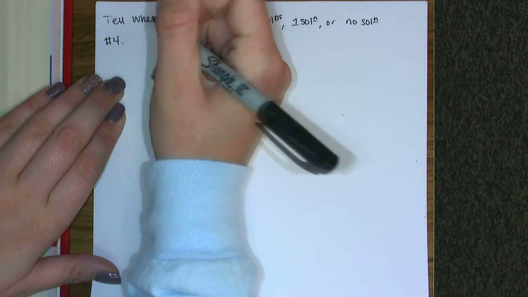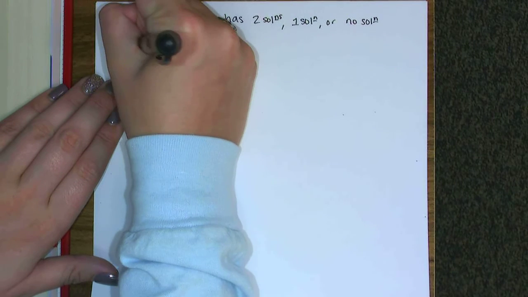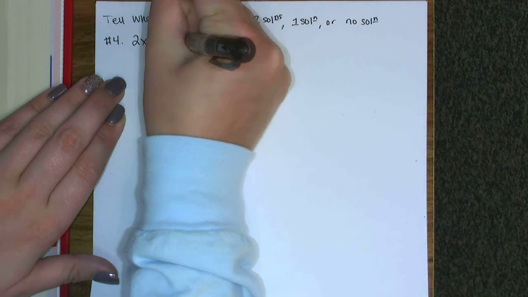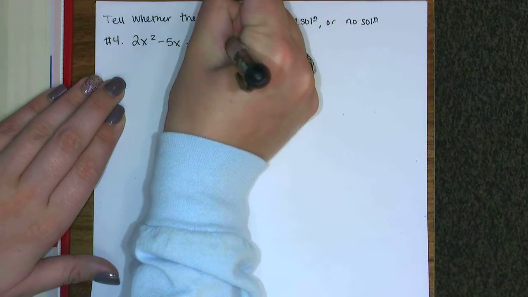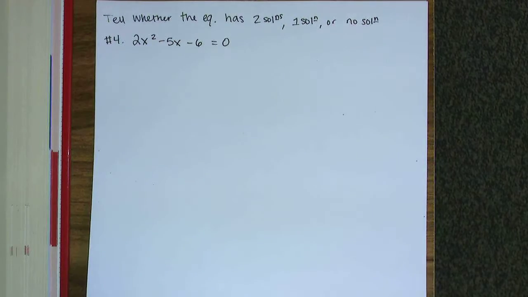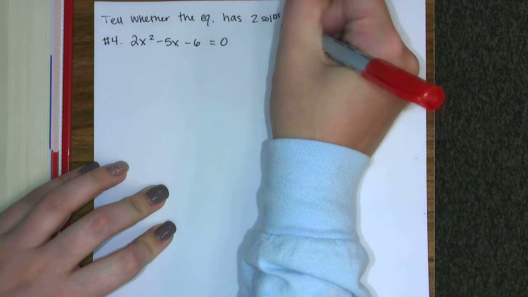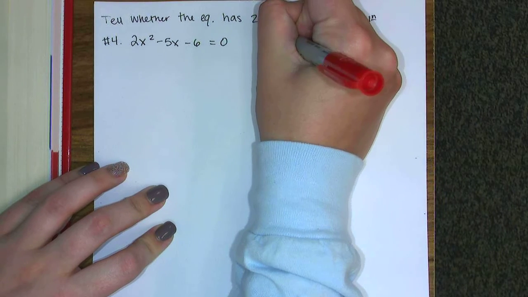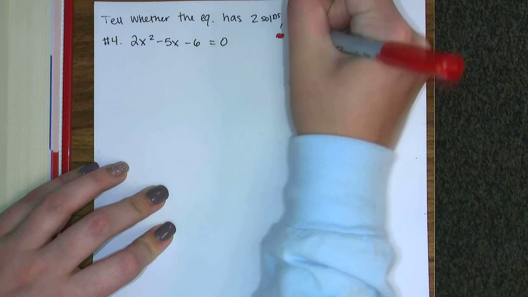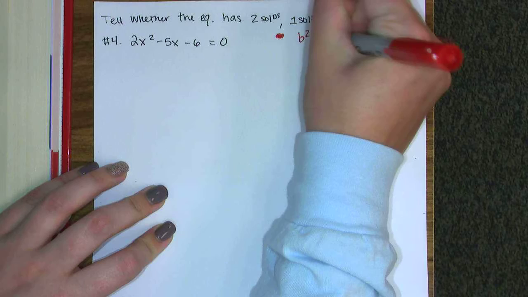So number 4, you're given 2x squared minus 5x minus 6 is equal to 0. Now, what we do here, remember we're using the discriminant, b squared minus 4ac.